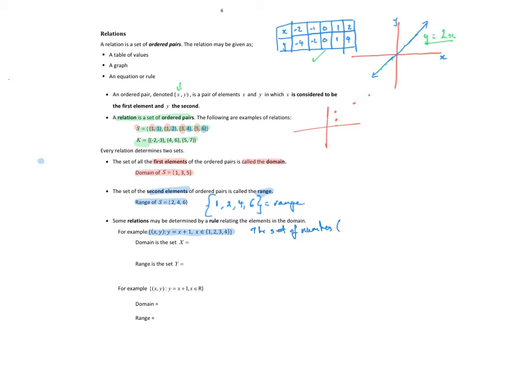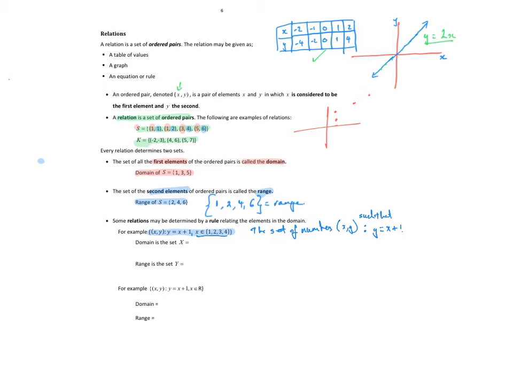Well, they're coordinates x, y, such that they follow the relationship where y is equal to x plus 1. So in all the coordinates that I'm listing, the y value has to be the x value plus 1. And, comma, given x is an element of 1, 2, 3, 4.